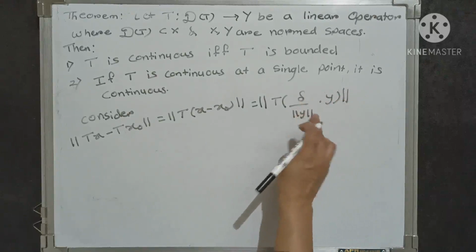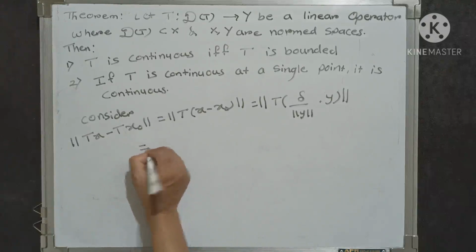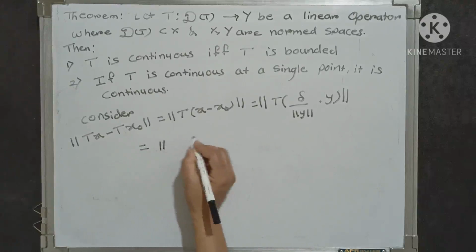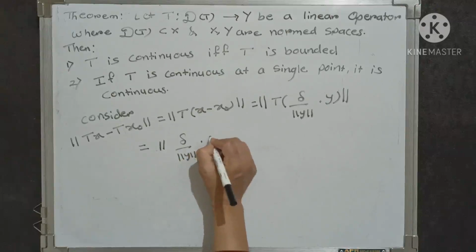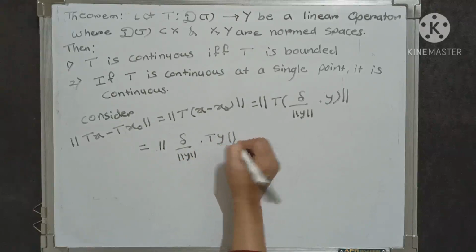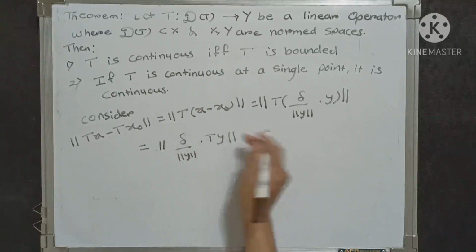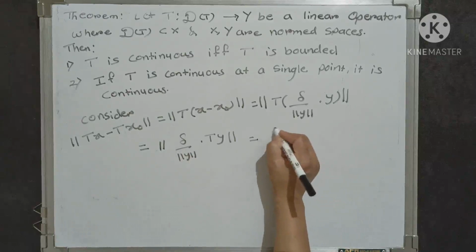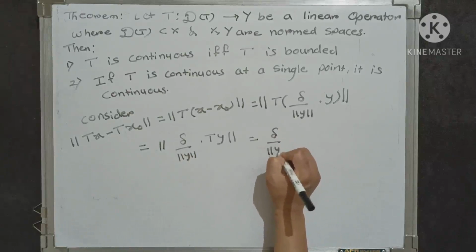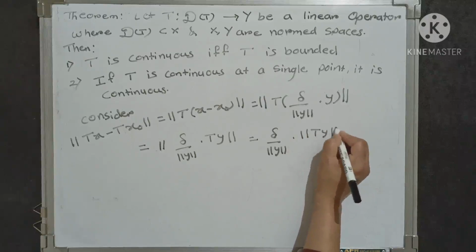Now delta divided by norm of y is a scalar and T is linear, therefore it equals delta divided by norm of y into Ty. Since delta is positive and norm of y is also positive, it equals delta divided by norm of y into norm of Ty.